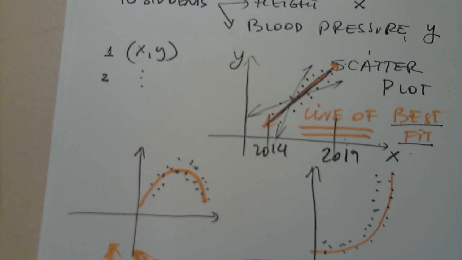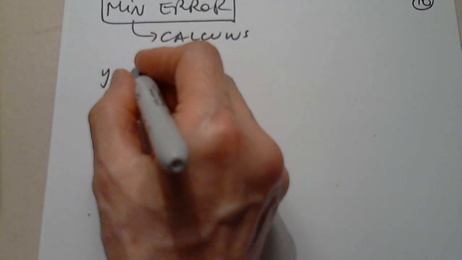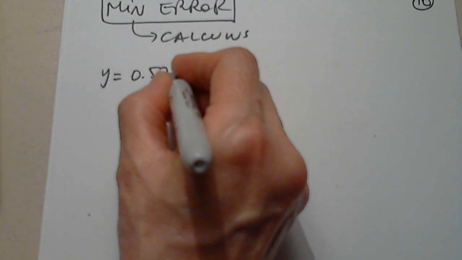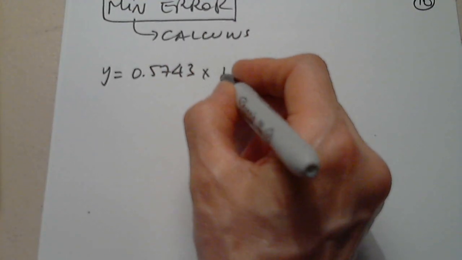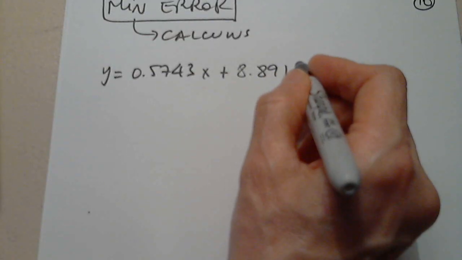So now I calculate. It gave me the regression line, which is y equals the slope 0.5743 x plus b, which is 8.8919.